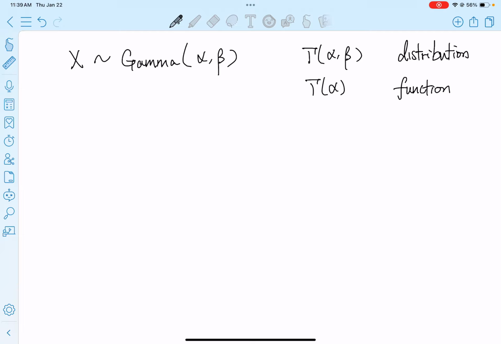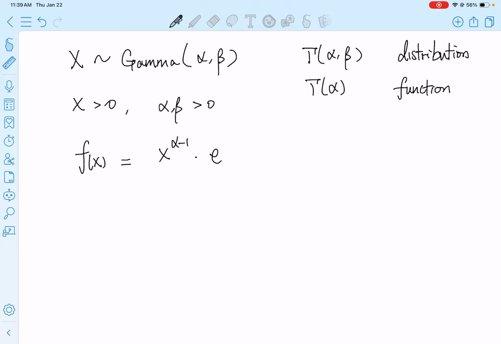Okay, so last time we talked about the support: x is greater than 0, and alpha and beta are also positive real values. And then the density function is f of x equal to x raised to the power of alpha minus 1, and then e raised to the power of negative x over beta.